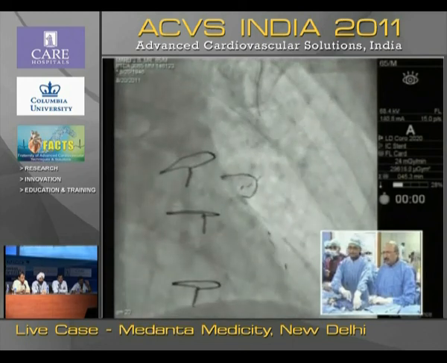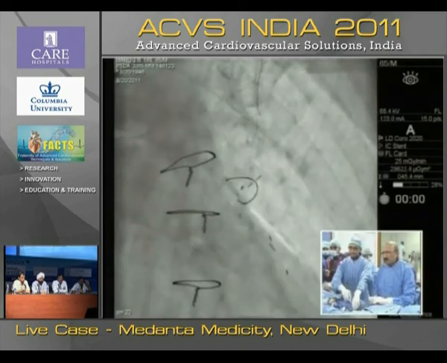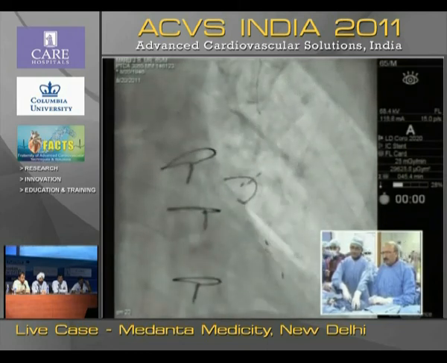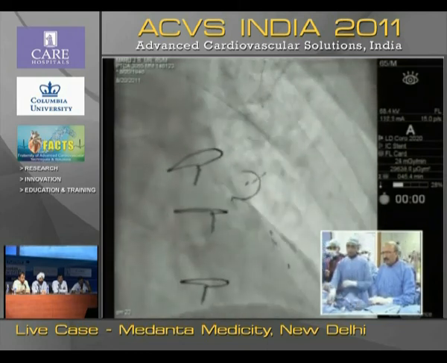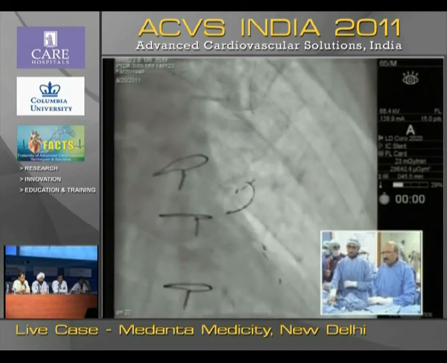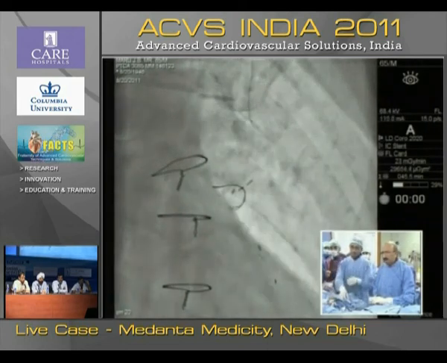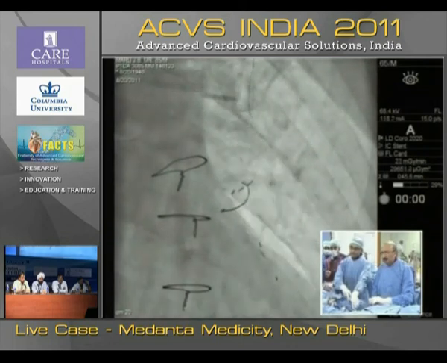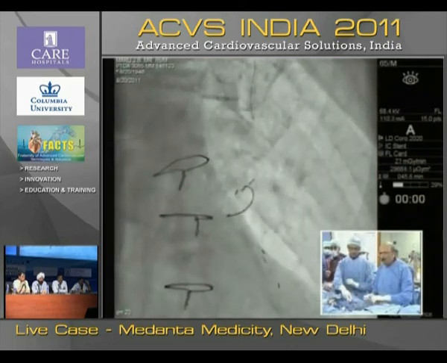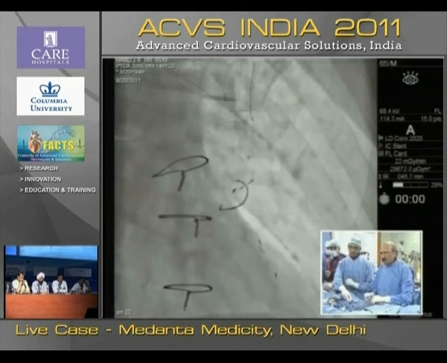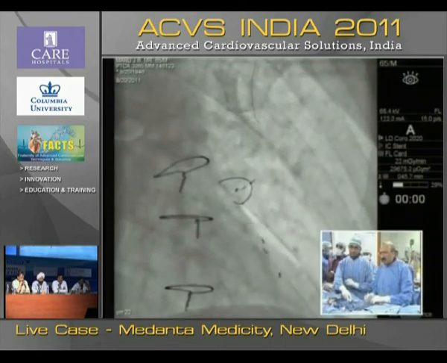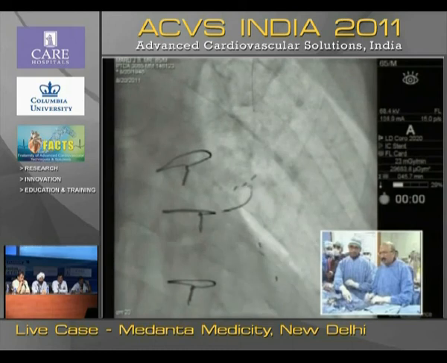But again, as I told you, taking the FFR wire may not be as easy as the whisper wire. Because we have tried the whisper wire in such situations, it doesn't respond so well to the torque. Okay, check please.